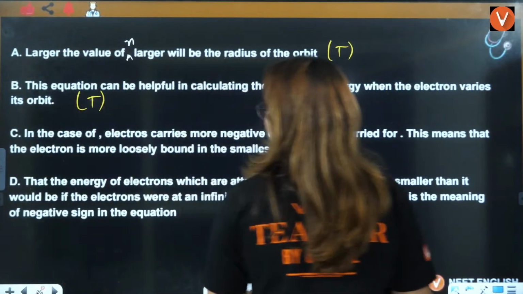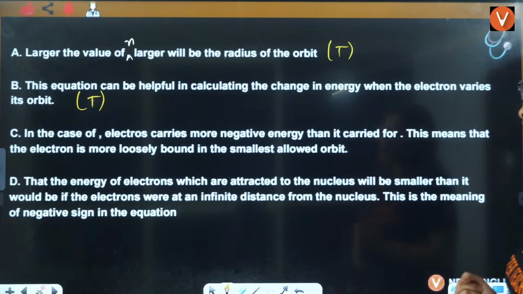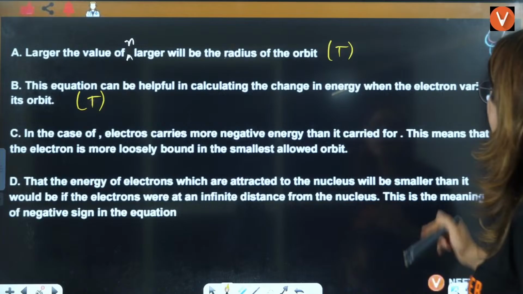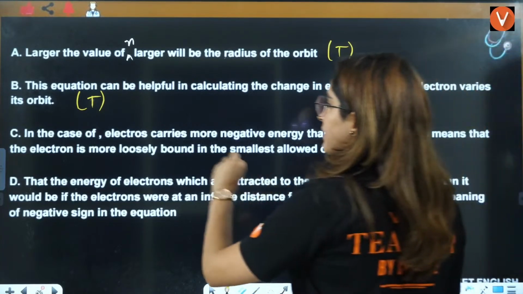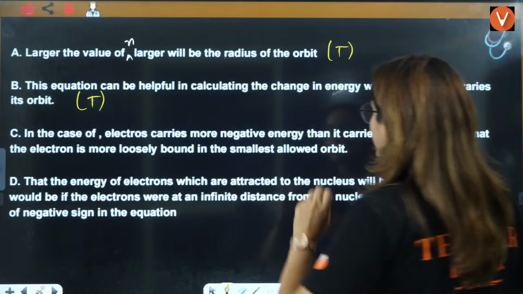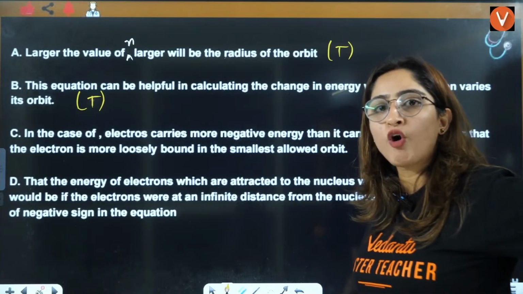In the case of electrons, carries more negative energy. I think the question is incomplete. This means that the electron is more loosely bound in the smallest allowed orbit. See, less is the value of n.